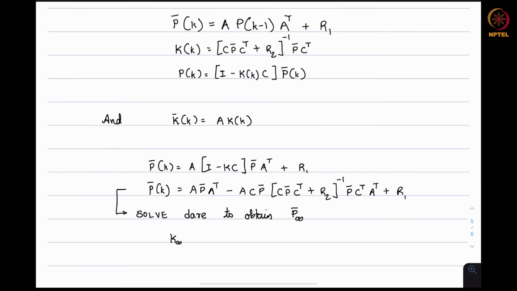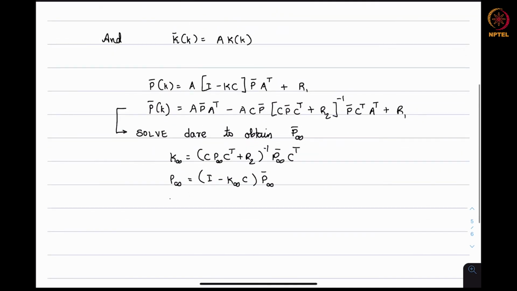So K infinity is going to be equal to C P bar infinity C transpose plus R2 inverse P bar infinity C transpose, and then you can calculate P infinity, which is equal to I minus K infinity C multiplied by P bar infinity, and K bar infinity is nothing but A K infinity.